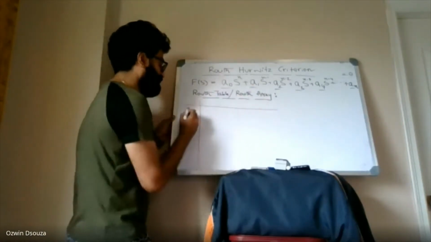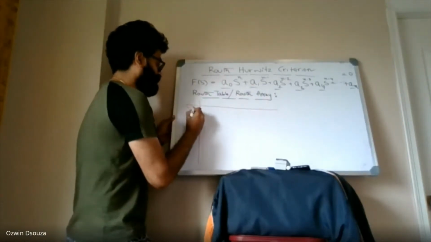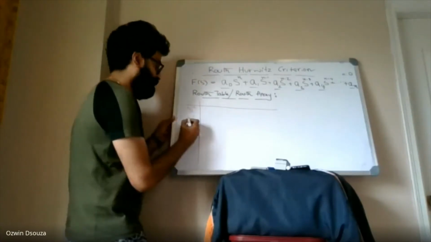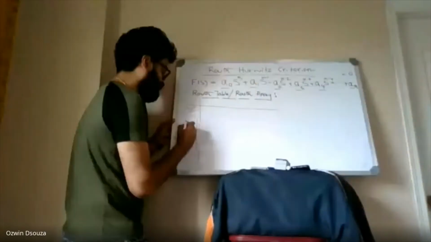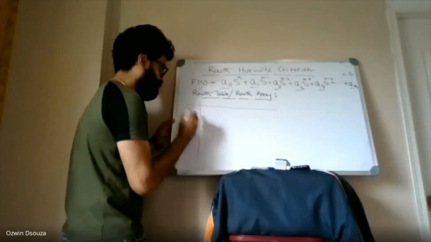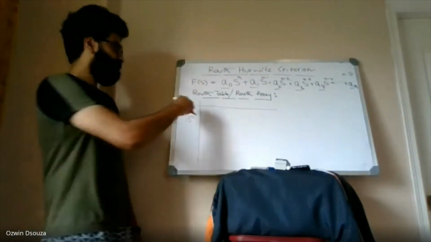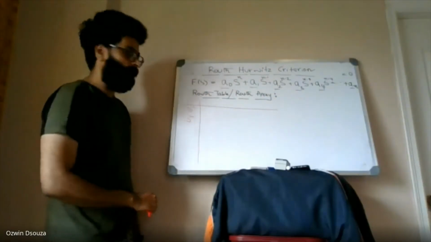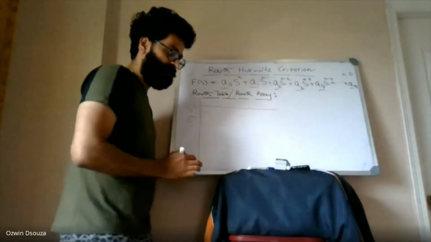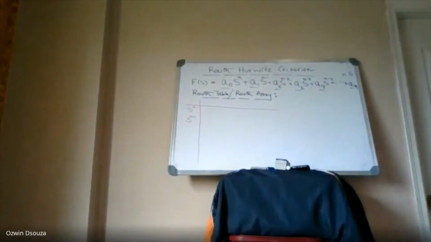The highest power is always s to the power n. So this is s to the power n, and the second element is going to be s to the power n minus 1.